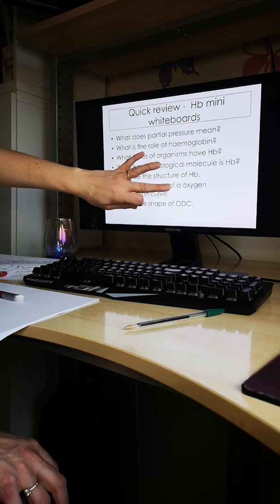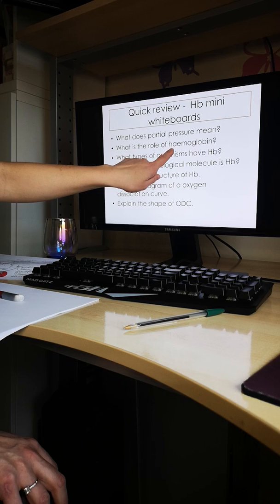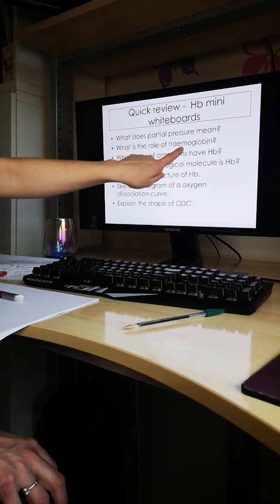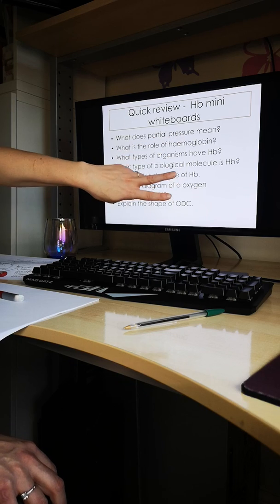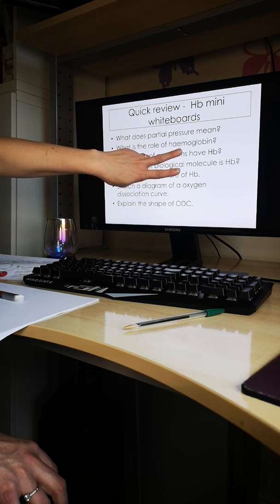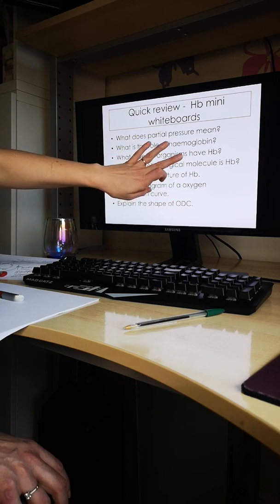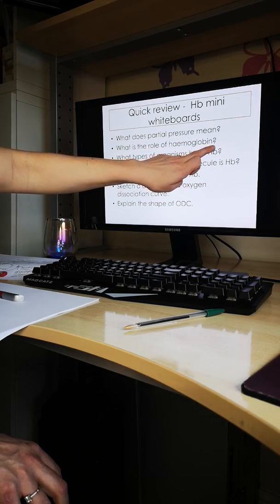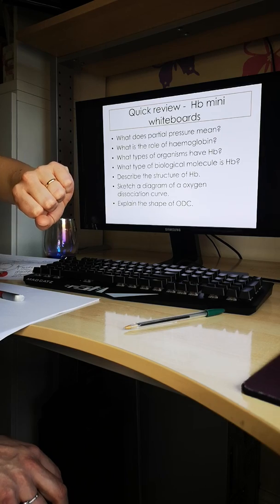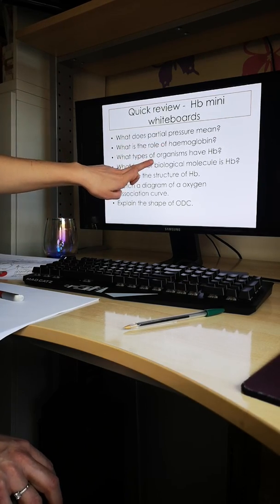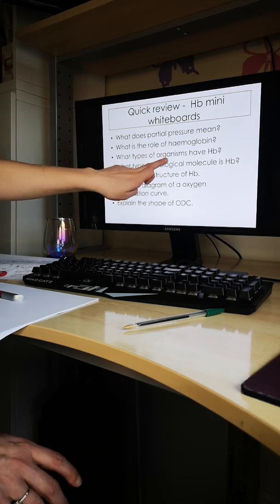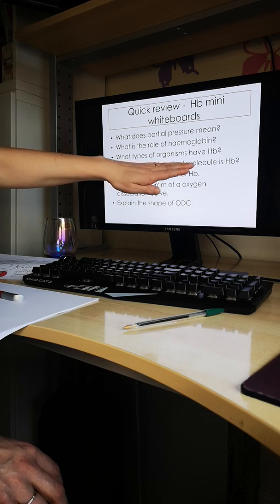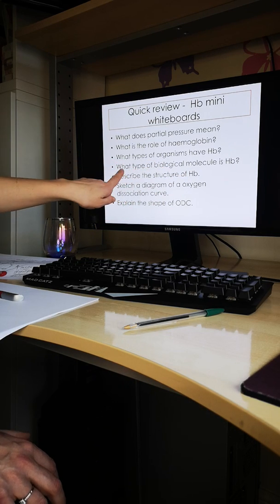Okay, so sort of three things to think about in that. It's got to bind to oxygen at the gas exchange site, transport the oxygen to the respiring tissue, and then unload the oxygen to the respiring tissue so it can use the oxygen in respiration. What types of organisms have haemoglobin? You should have all mammals and most vertebrates.